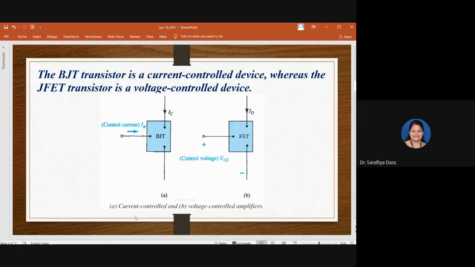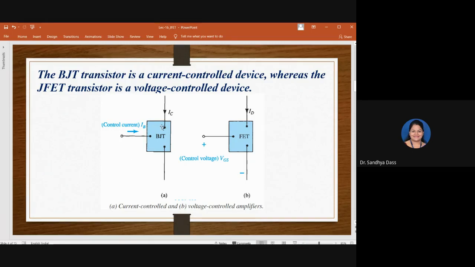To start with, I hope you have learned the basics of transistor in your PU. You might be familiar with bipolar junction transistor. It is a 3-terminal device, where base, collector, and emitter are the 3 terminals. And there are 2 types of transistors, NPN and PNP.